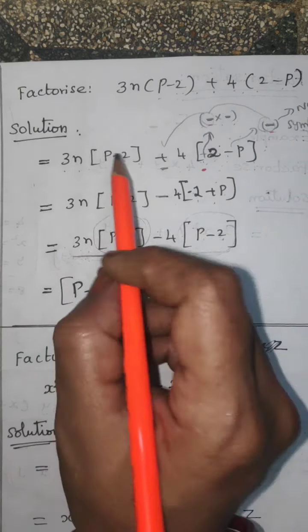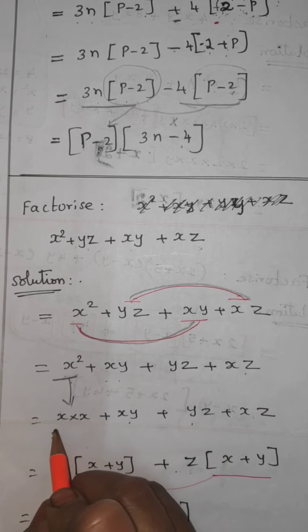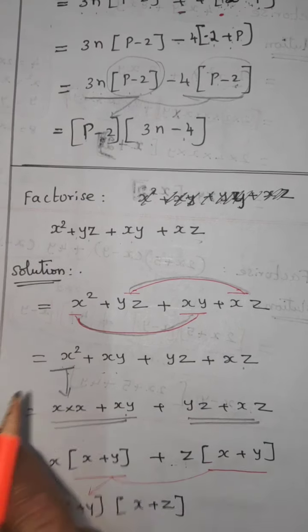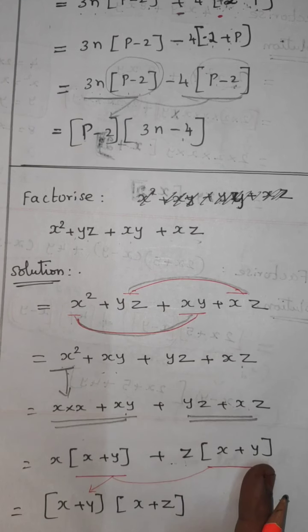Next question, factorize x squared plus yz plus xy plus xz. Write the question again there. Join these two first, and nearby you write yz: x squared plus xy, yz plus xz. Now expand x squared as x into x. Which number is common in these four terms? Select two terms.